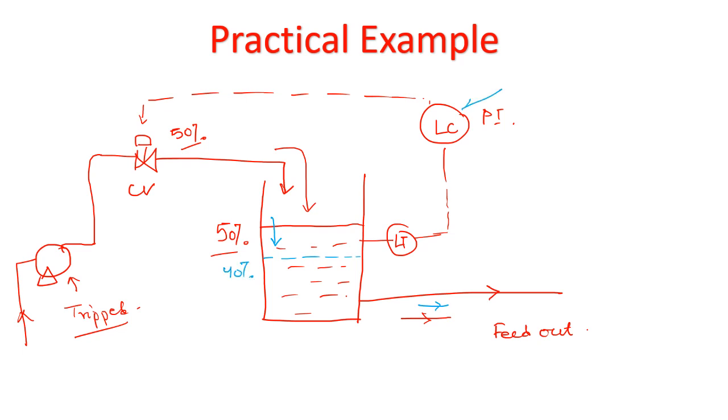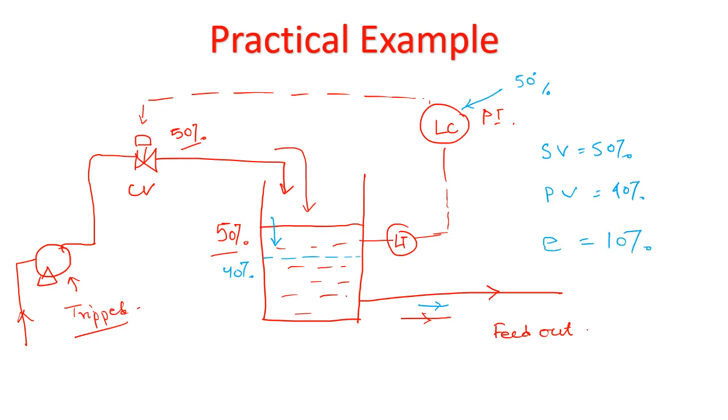Now our set point is not changed. Set point is still 50%. So our SP is 50%. Our PV is at 40%. So there is an error, right? There is an error of 10%, which is non-zero.